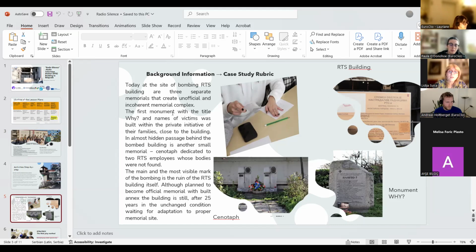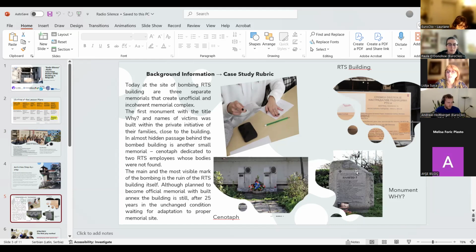For any of you who are probably not so much aware of what happened, I will just say that today this site is actually divided into 3 separate parts, so to say. There are 3 separate monuments.